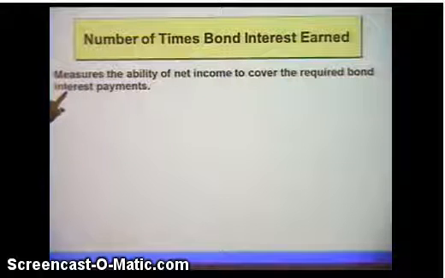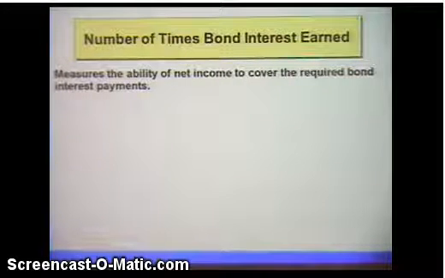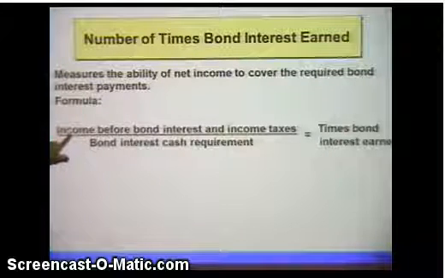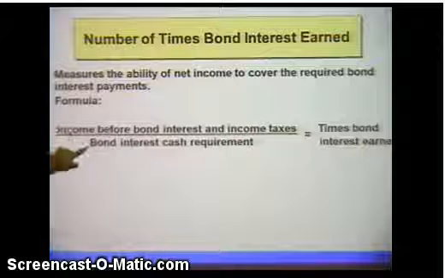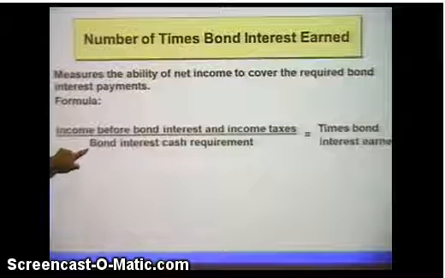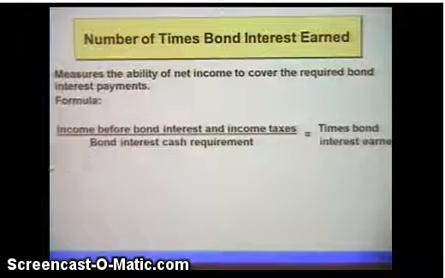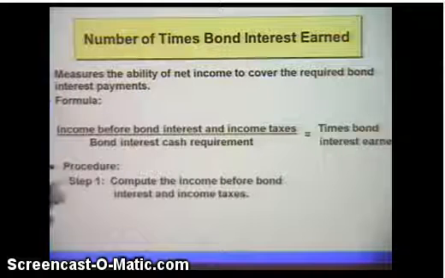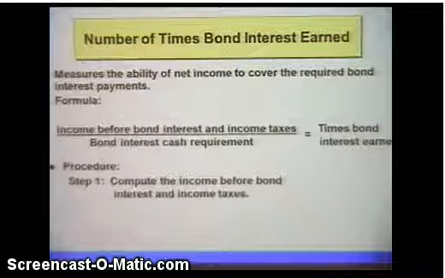So when a company has a bond out, you have to pay interest periodically. So you take your income before the bond interest and divide it by the bond interest cash requirement to get the times the bond interest is earned. In other words, am I earning enough to pay my bond interest? How many times did I earn enough?